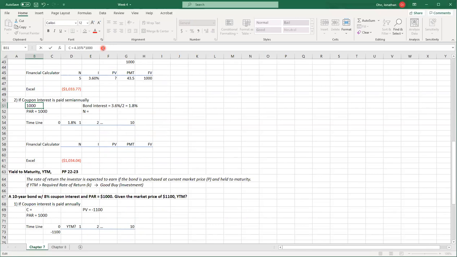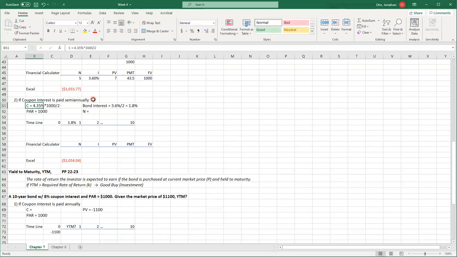But this time, look at this, 4.35% times 1,000. That's for 1 year. But this one is paid semi-annually. We assume semi-annual coupon payment. So it's not $43.50, you have to divide that by 2. Okay, that's one adjustment that you have to make.